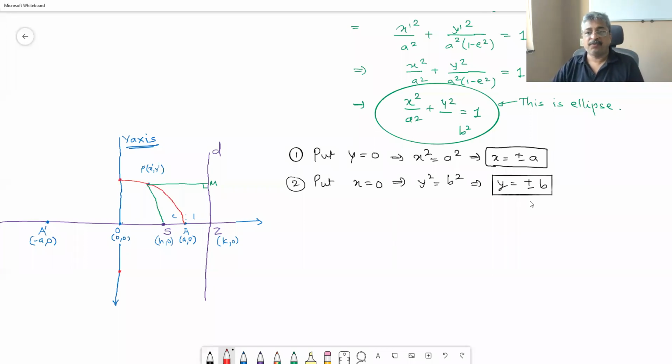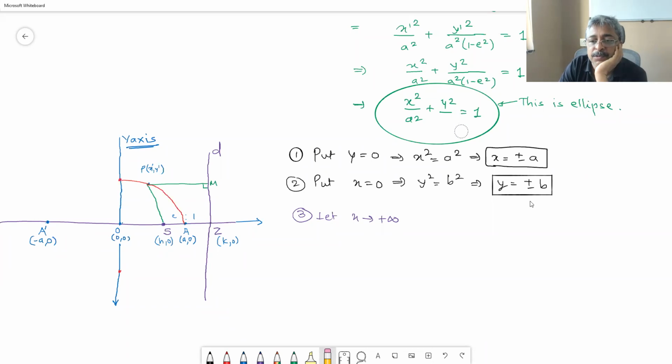Therefore, the next analysis that we are supposed to do is number 3. Instead of putting x is equal to 0, y is equal to 0, we will let x go to positive infinity. What happens to this equation?